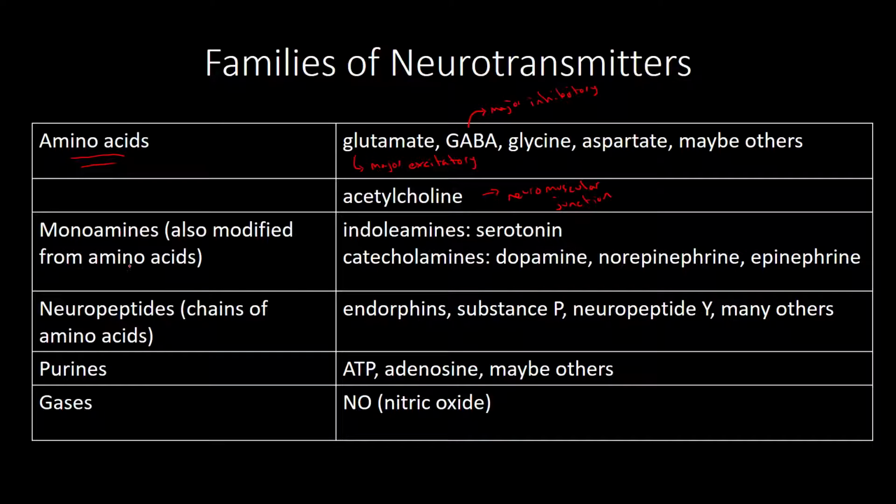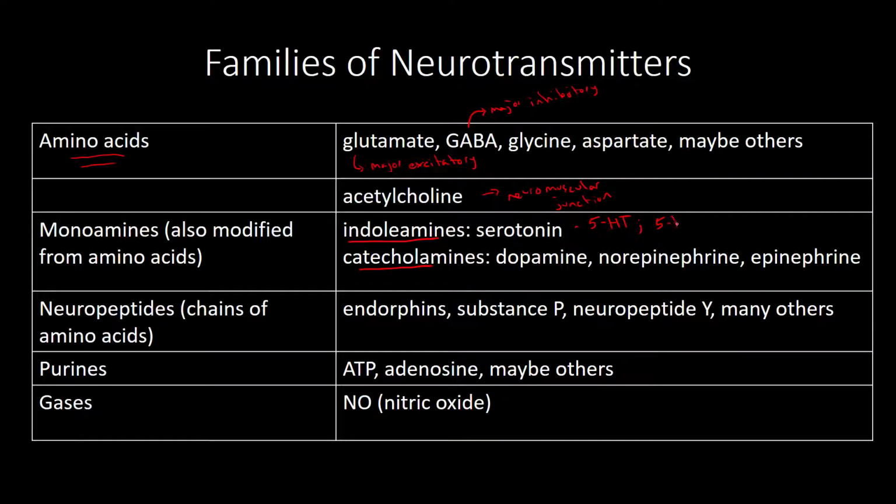The monoamines are derived from amino acids. There's two broad categories: the indoleamines and the catecholamines. The only indoleamine we're going to talk about is serotonin. Serotonin is abbreviated 5-HT often.